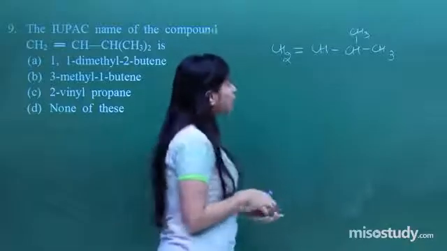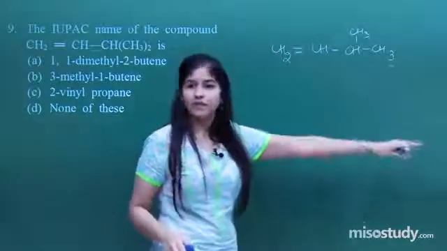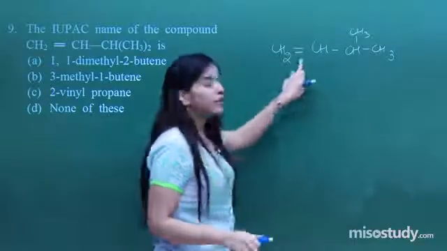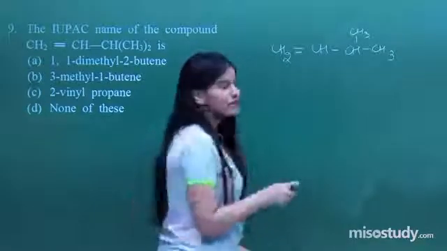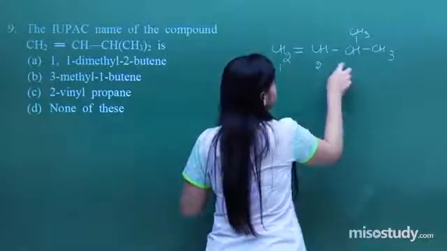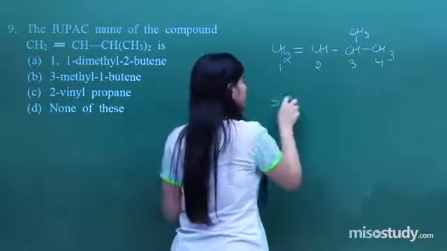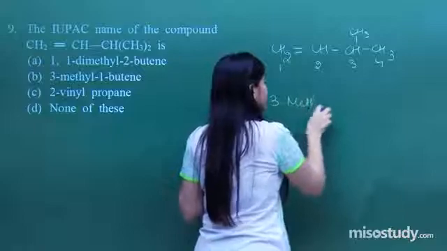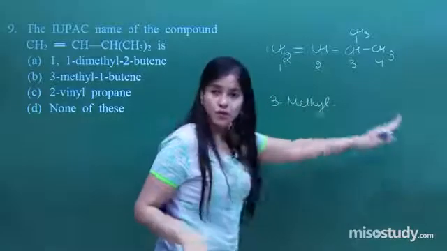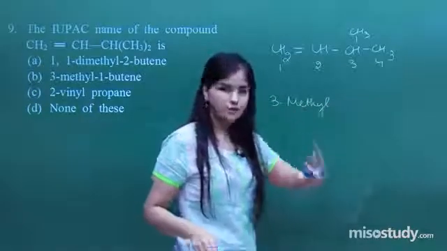Here I am counting from left to right, because the double bond will be assigned the least possible number. So it would be 1, 2, 3 and 4. On the third carbon I have got 3-methyl. And I have got 4 carbon atoms, that means but.